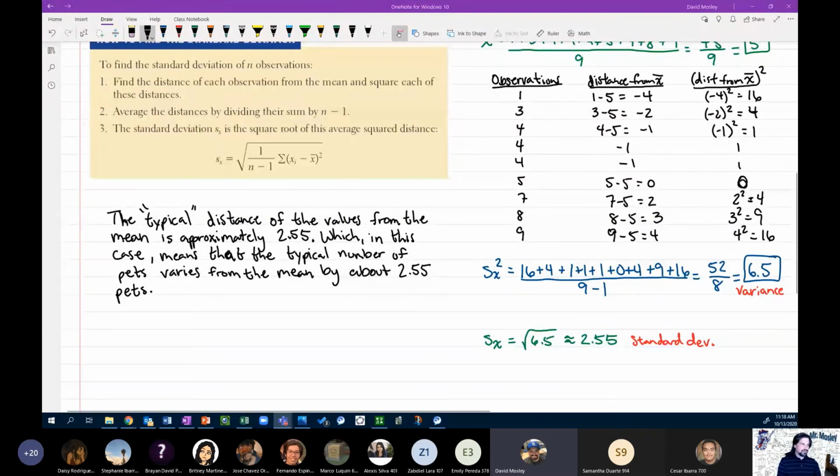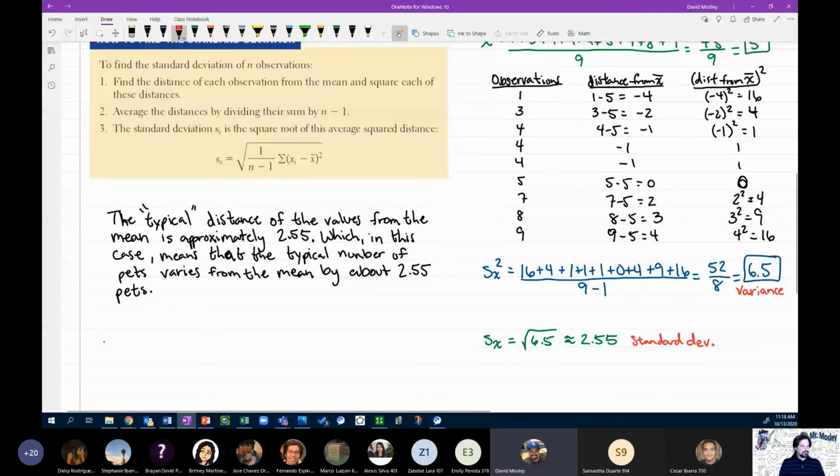We can also use the standard deviation to find outliers. All right. And I'm just going to mention this. It's not something we're going to use right now. So when it is something that we're using, we'll go into more detail.